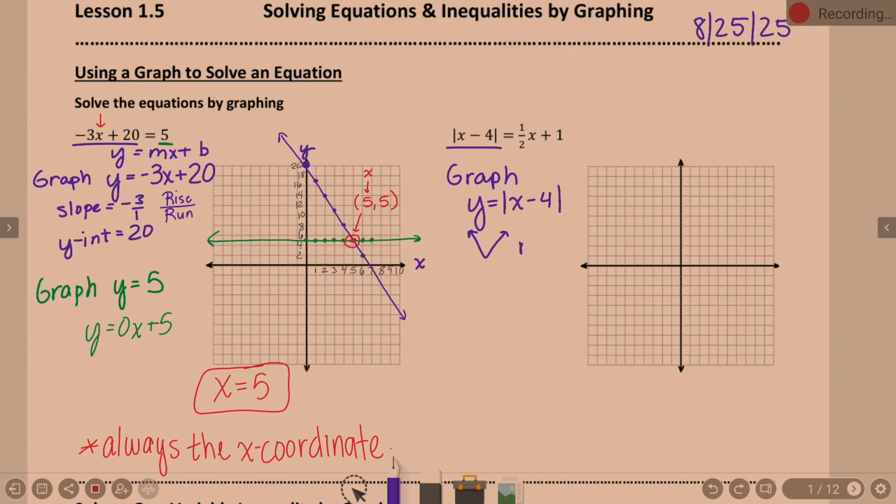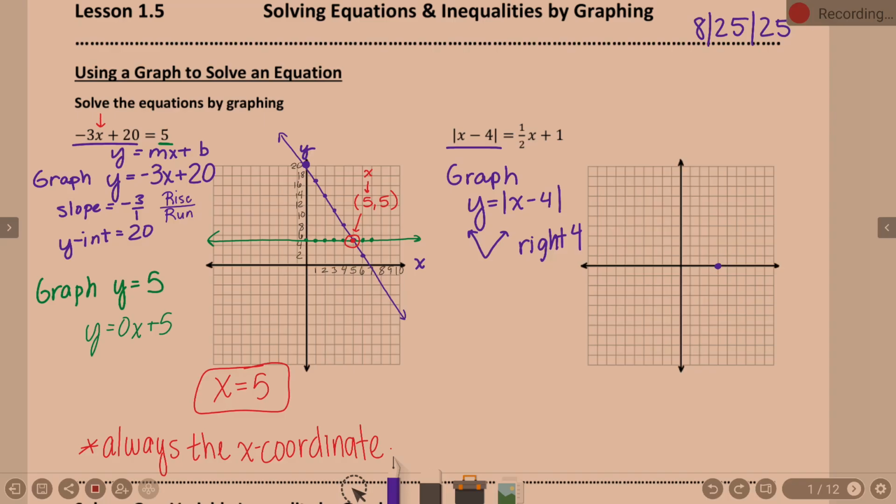So we're going to take this absolute value V and we're going to move it right 4. Sound familiar? So I'm going to take my V, which normally starts at 0, 0. We're going to go 4 right. What does each side of my V do?